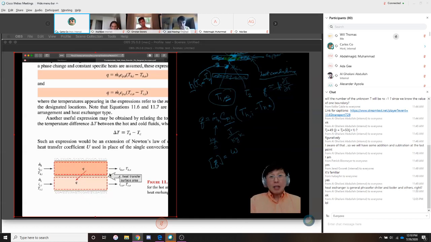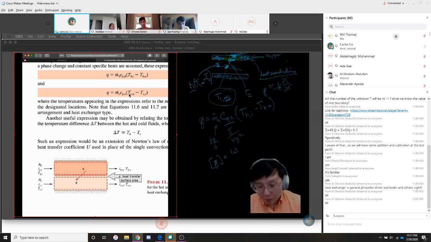Okay? So likewise, you can write down a similar expression for the cold stream, of course. And by energy balance, the amount of heat that was lost by the hot stream has to be equal to the amount of heat, that's power, that's gained by the cold stream, right? You lose it from the hot stream, it goes to the cold stream. Okay? So these two quantities must be equal.